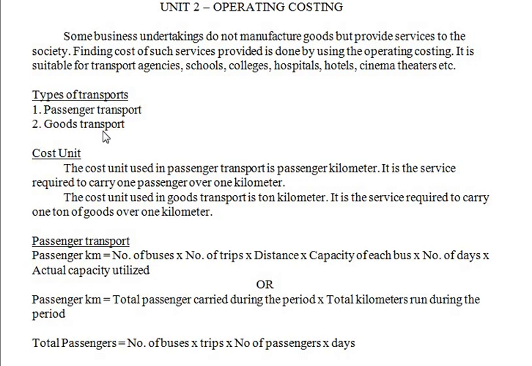Now, types of transport: passenger transport and goods transport. What exactly is transport? Transport agencies provide services to the people. Different ways of providing services are railways, roadways, and goods carriage.